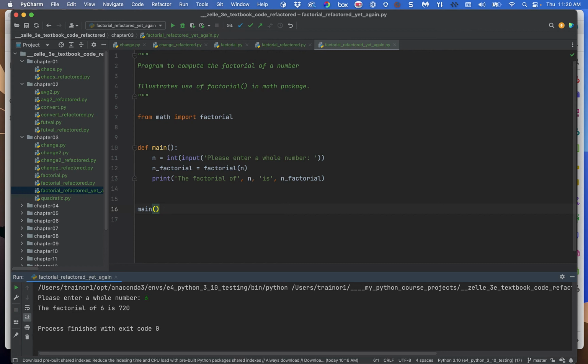In the long run, it's a better practice to import and call a library function because they're probably more efficient than your hand-coded version, and they get more efficient over time. They never get less efficient over time. So in new releases of the library, they never get worse, they only get better.